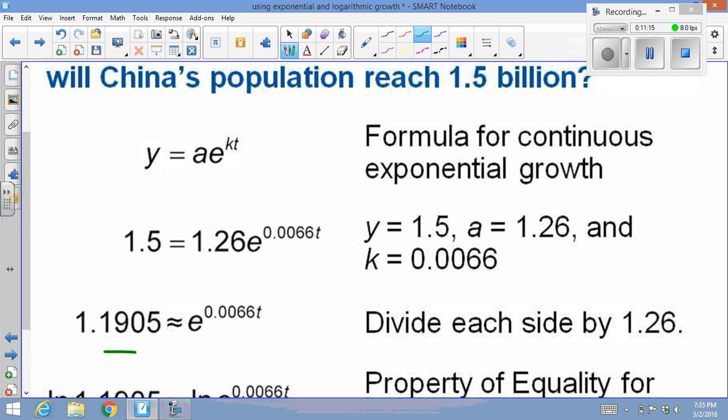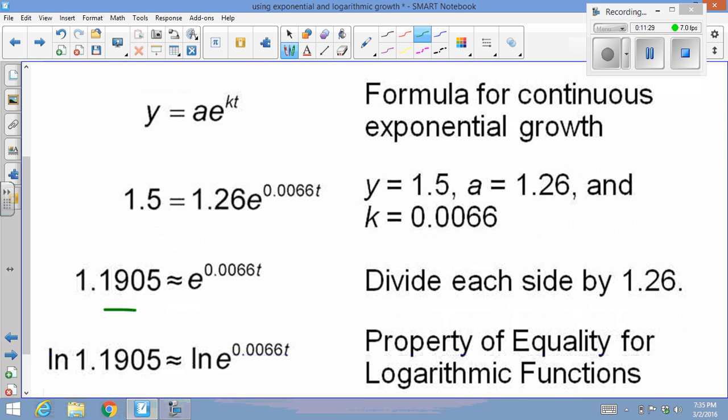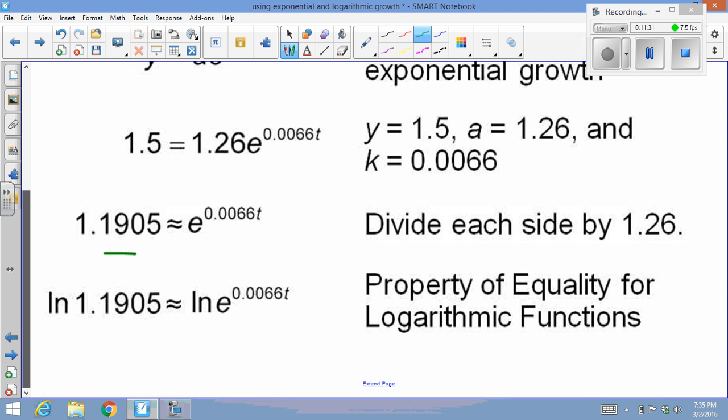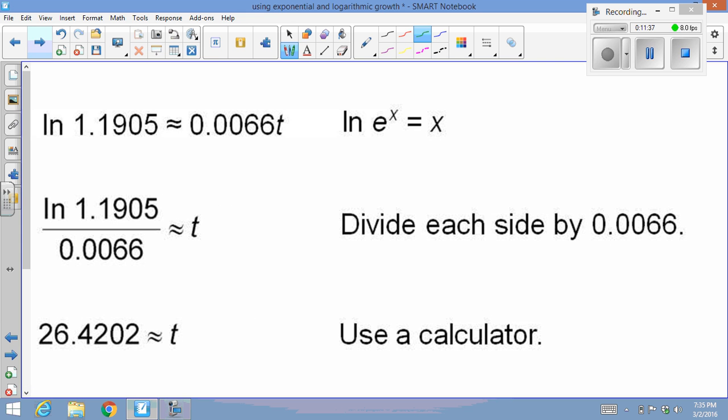I'm going to take the natural log of both sides. When I take the natural log of both sides, I would end up with the natural log of 1.5 divided by 1.26, and then I would have e to the 0.0066t. The natural log of e cancels out and becomes 1.